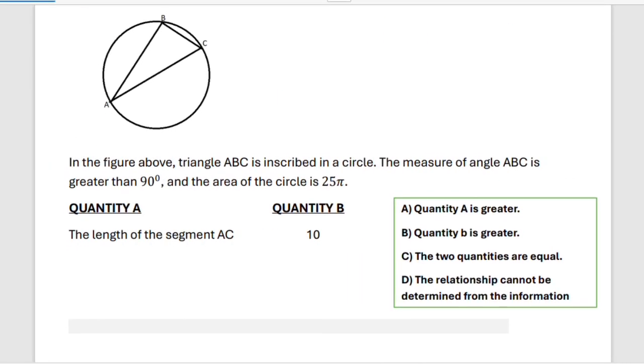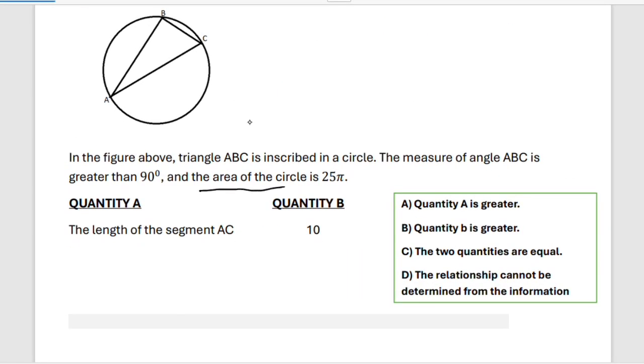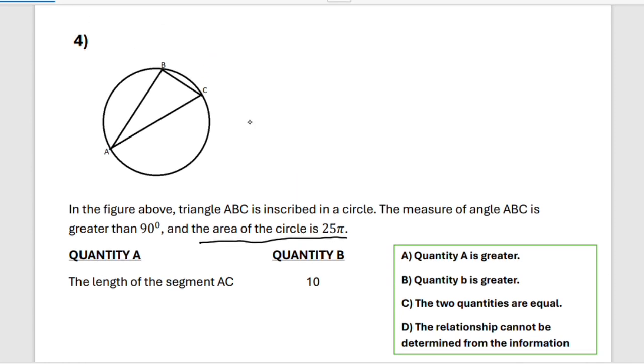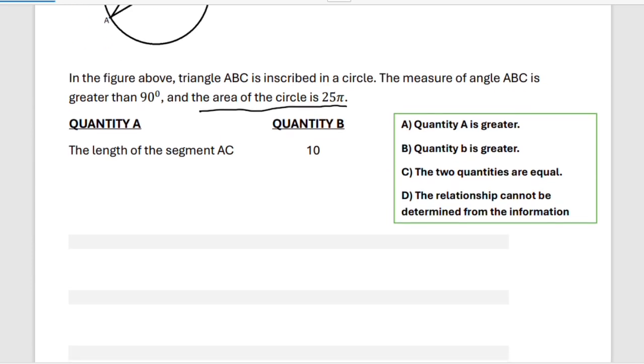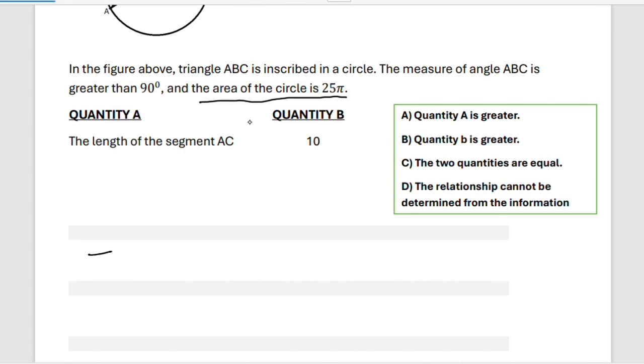For this problem, we are given that the area of this circle is 225 pi, and then that the angle ABC is greater than 90 degrees. So let's work with what we have already. The area of a circle is pi r squared and is given to be 25 pi.